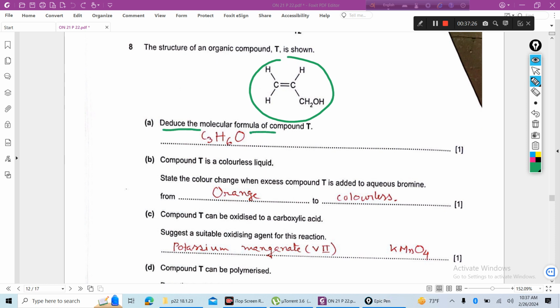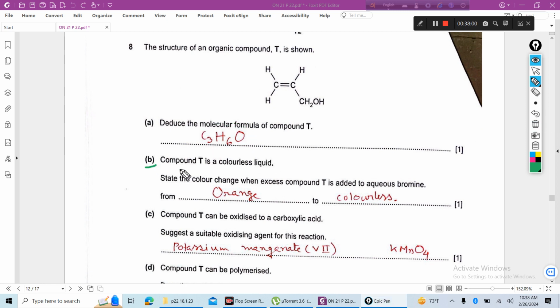Deduce the molecular formula of T. You know, molecular formula shows the whole number of atoms. So you count 3 carbon, 1, 2, 3, 3 carbon. Hydrogen 1, 2, 3, 4, 5, 6 hydrogen and 1 oxygen. So molecular formula will be C3H6O.